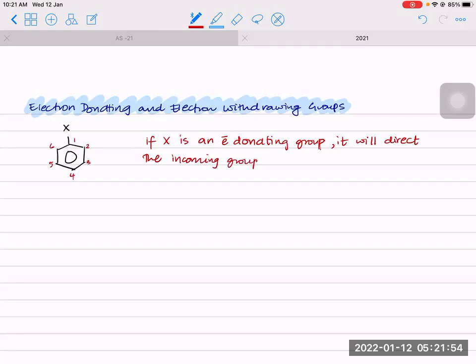So the incoming group will be directed to position 2 and or 4.